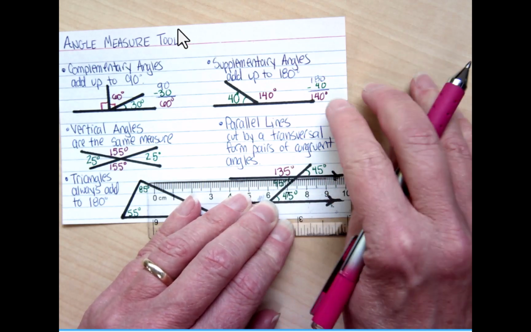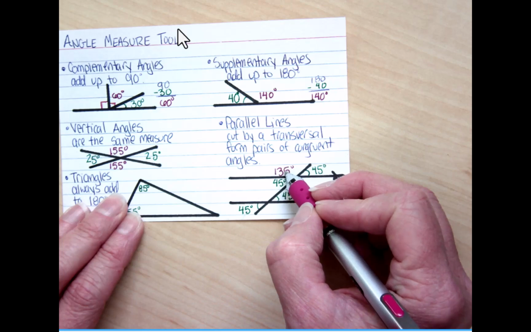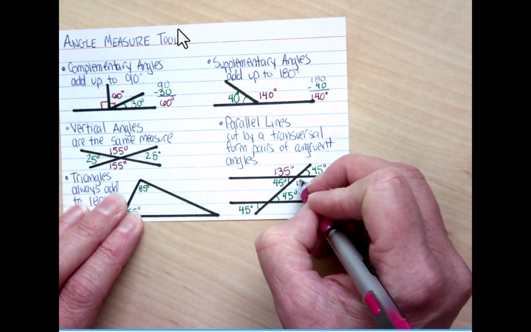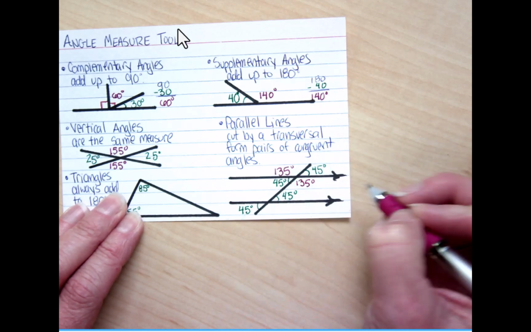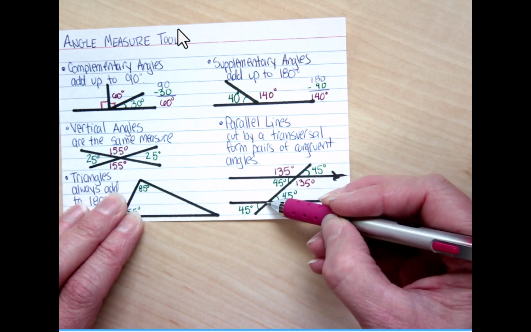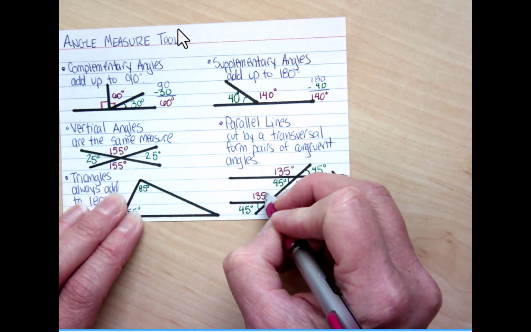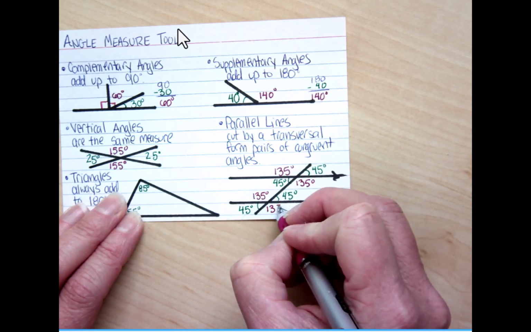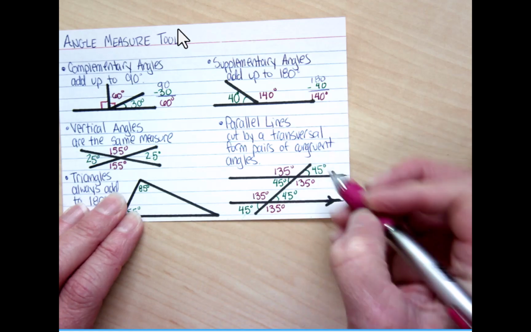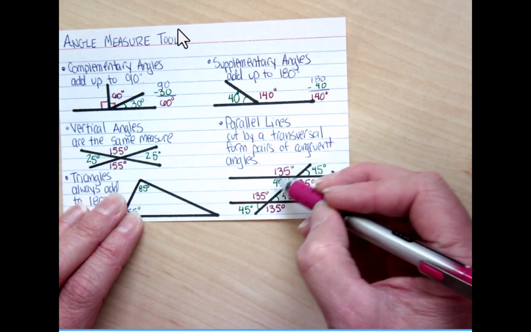Well, once I know that this is 135, I can do the same thing that I did with the 45-degree angles. I know that 135 has a vertical angle, and both of these can just translate right down to this other parallel line, and we can fill in these last 2 angle measures. So given just one angle measure in parallel lines, I can find 7 others.